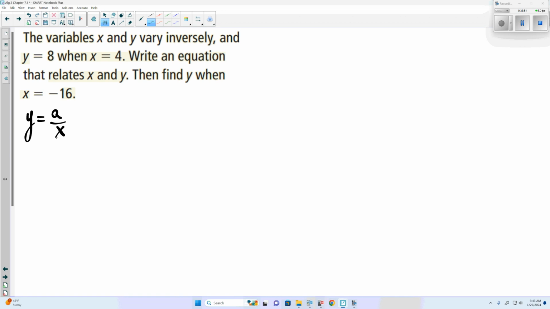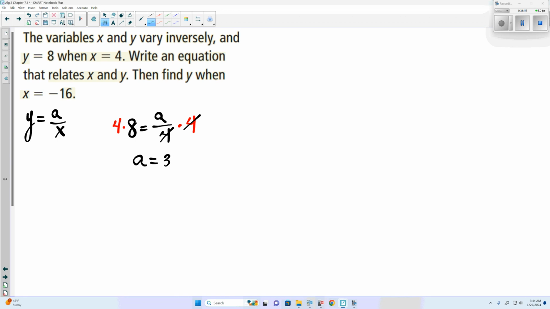So y is equal to a over x is our general form. And y is 8 when x is 4. So to get a by itself, we're going to multiply both sides by 4. Here, the 4 and 4 cancel.